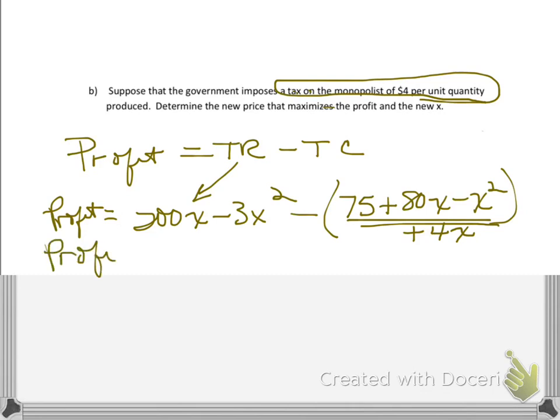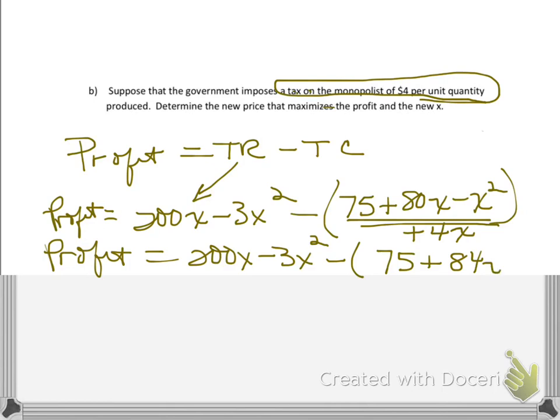So profit now equals, I still have the same revenue. That tax did not impact the revenue. It does impact the cost. So minus, keep your parens, 75 plus 84x, not 80, but 84x, minus x squared.